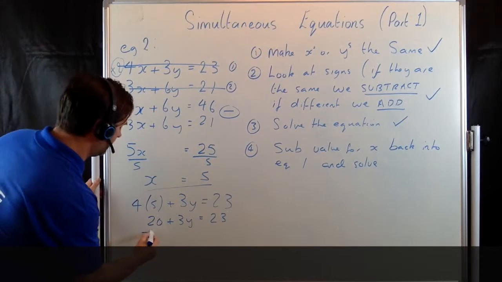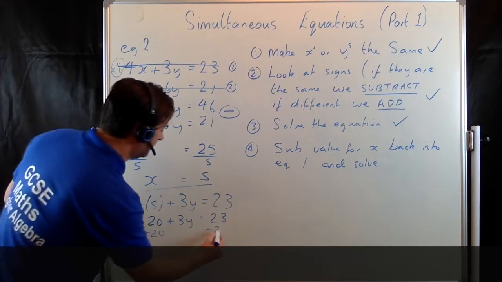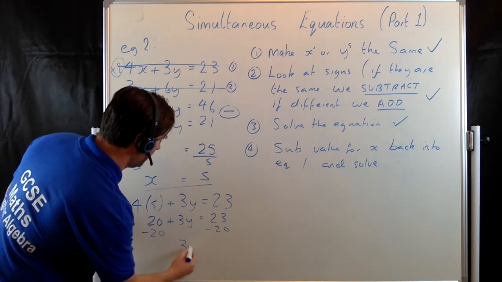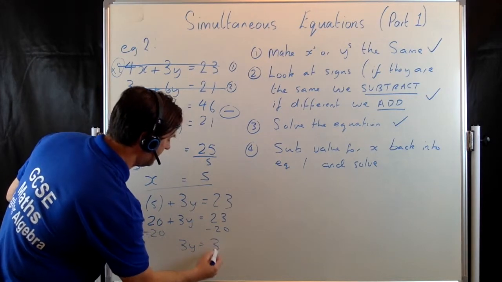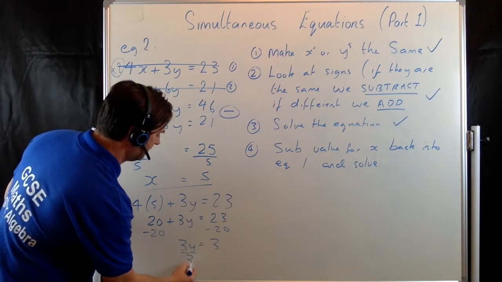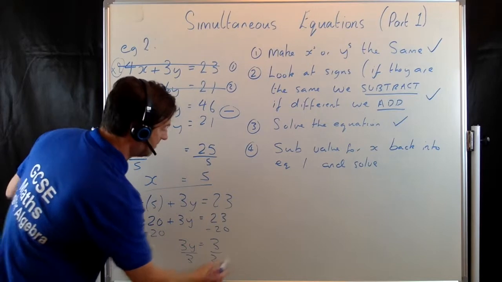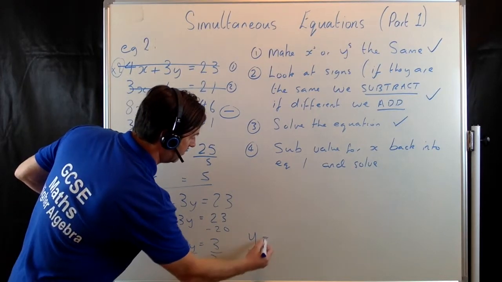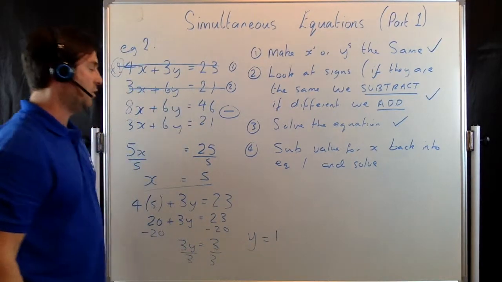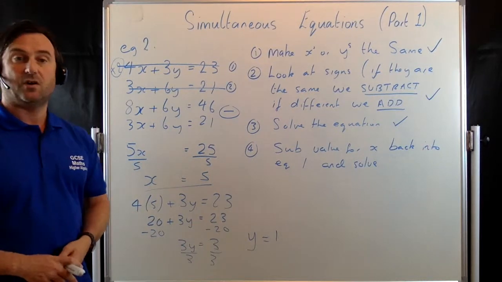Now I take the 20 away from both sides to leave me with 3y equals 3. And if I now divide both sides by 3, I'm going to be left with y equals 1. X equals 5, y equals 1.